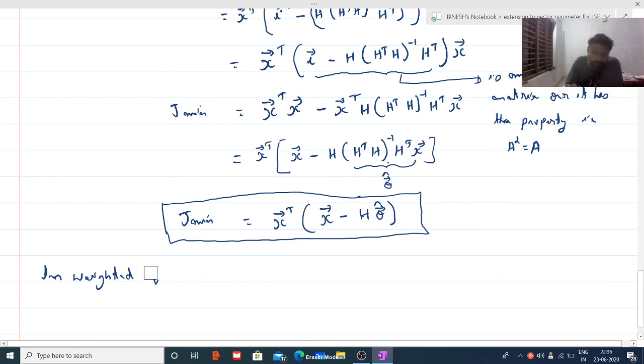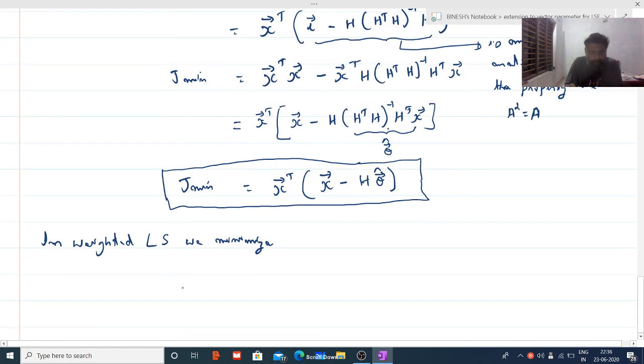I can write this in weighted least square. We minimize G of theta, which is nothing but x minus h theta transpose W, that is the weighted form, into x minus h theta.